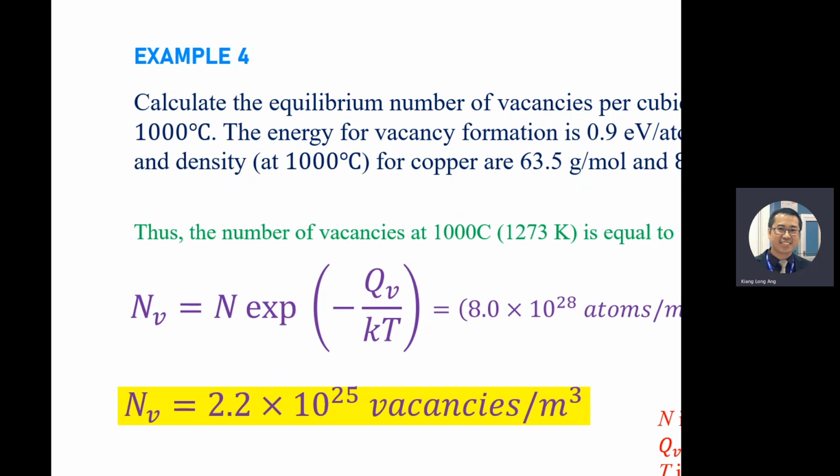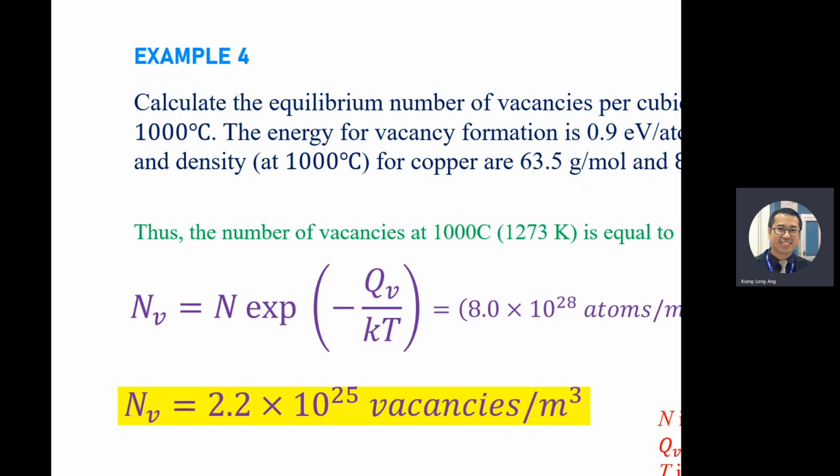In this case, the vacancy formation energy is given in eV terms. If the energy is given in joule, you have to use 1.38 joule over atom Kelvin. Be careful of the statement that you see in the question. So one is temperature, must be in Kelvin.